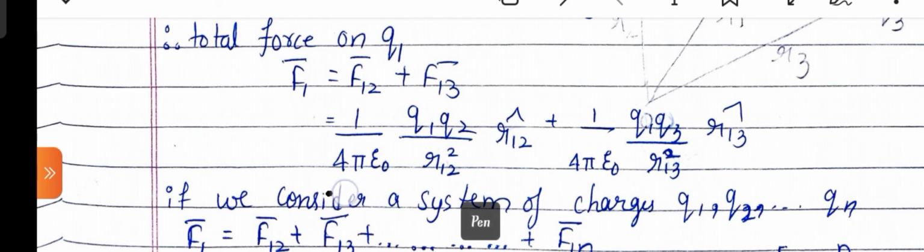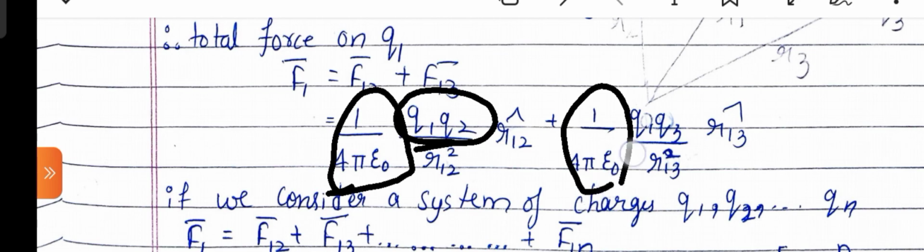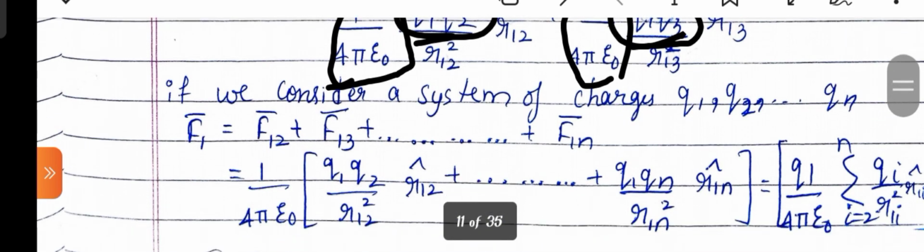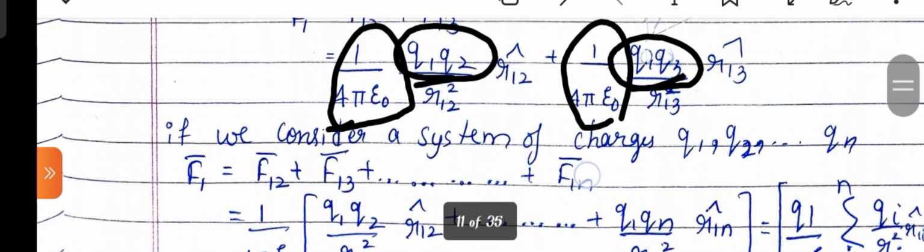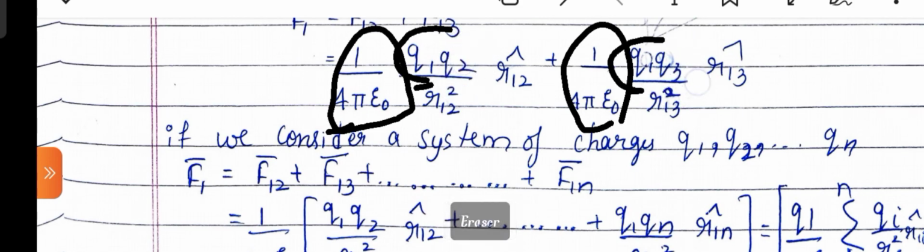Here we can see the common terms, 1 by 4 pi epsilon naught Q1. So if we take this out common, Q1 is common for both, right? So Q1 by 4 pi epsilon naught if we take out common, Q2 by R12 square R12 cap plus Q3 by R13 square R13 cap.